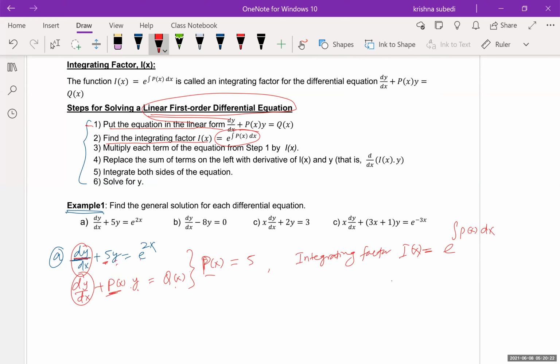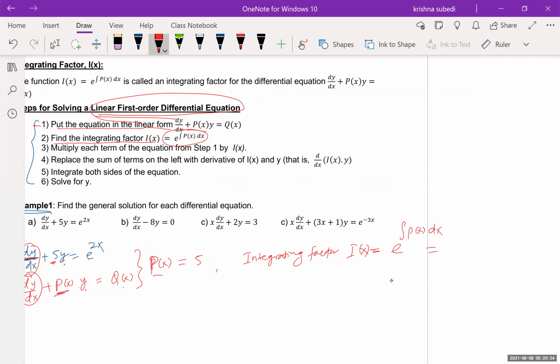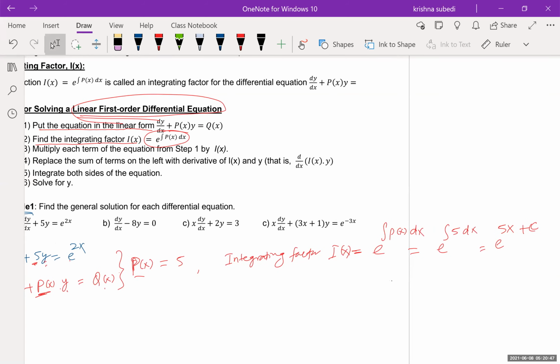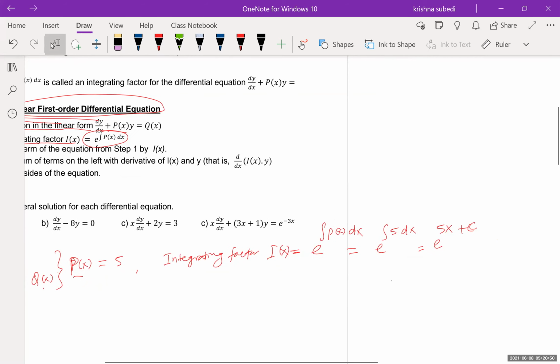So our integrating factor is e raised to the power integral of 5 dx, which means e to the 5x. Don't write c here, because if you write c, you're making your life difficult. At the end of the day, we'll put c once we are almost done solving the equation. So don't put the constant there.